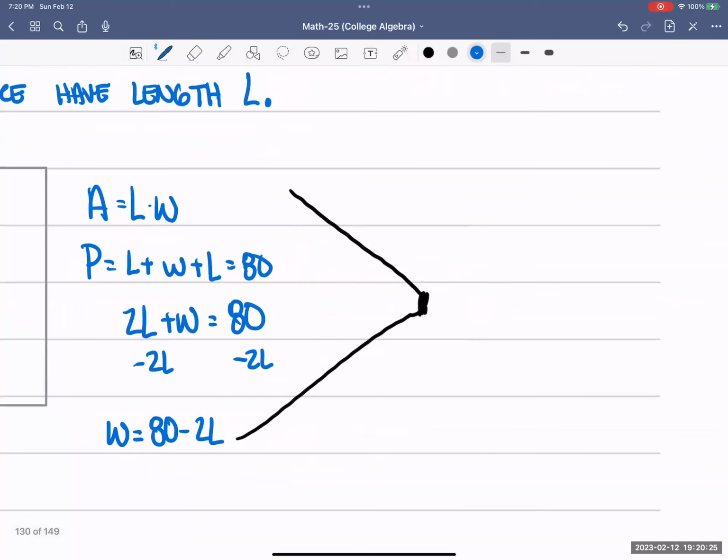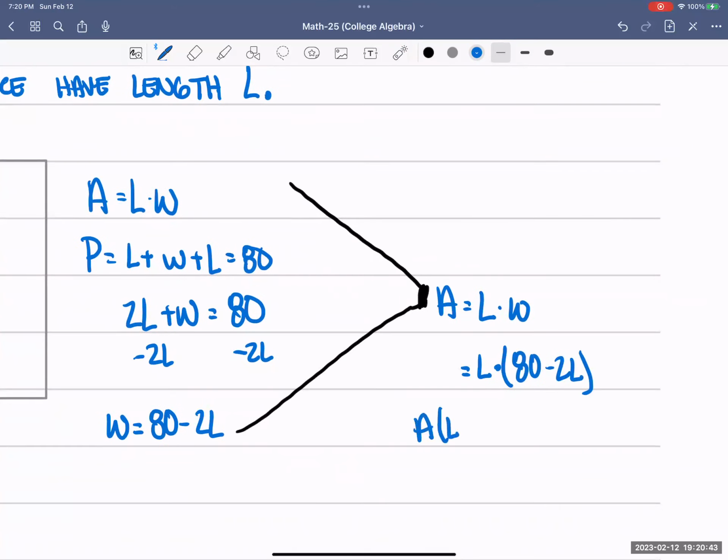So we have area is equal to length times width. Width we just said was 80 minus 2 length. So now we could set this as a function, area in terms of length, equal to length times 80 minus 2L.